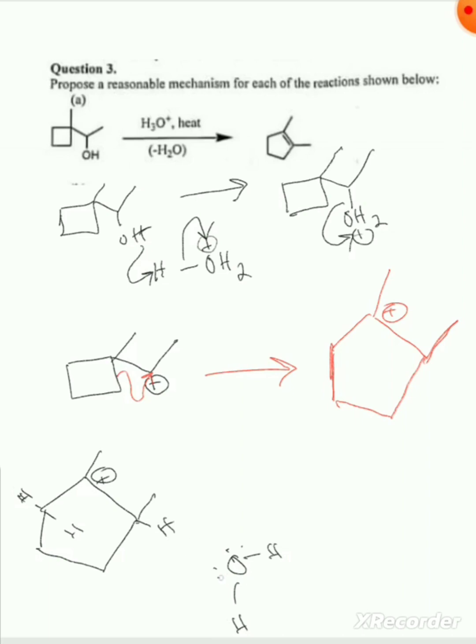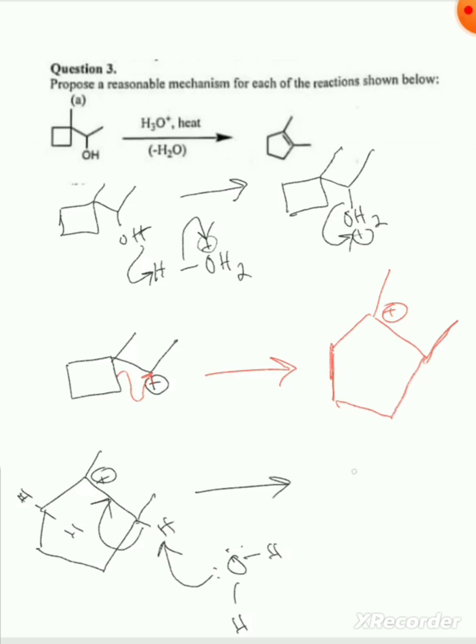This hydrogen here. Why? Because the less bulky base favors attacking the more substituted carbon's hydrogen. So that's the one that we are going to attack. That is the Zaitsev product. So here this bond will come and break and will form a double bond there.